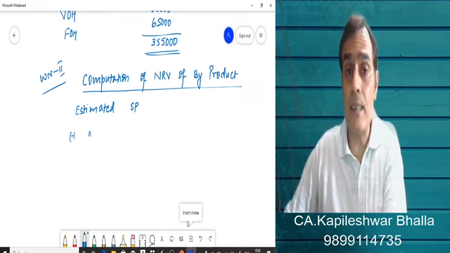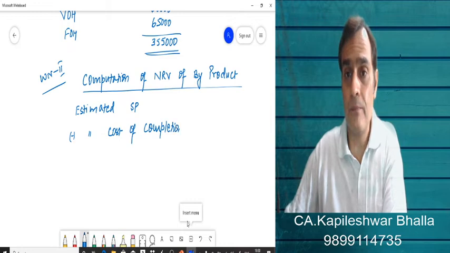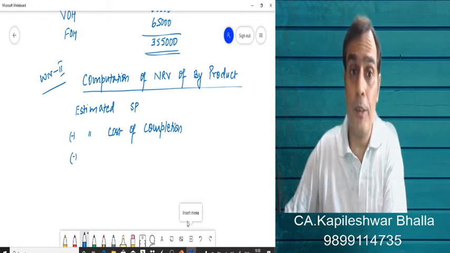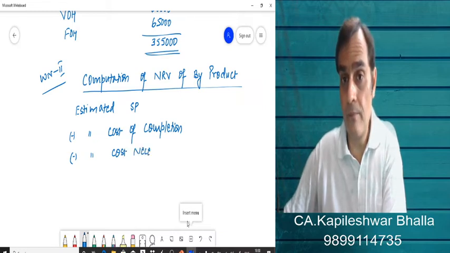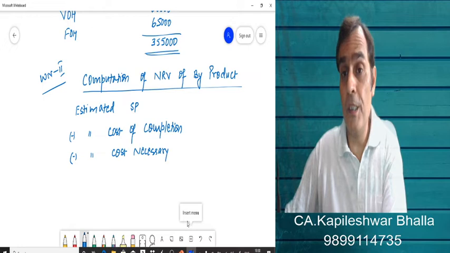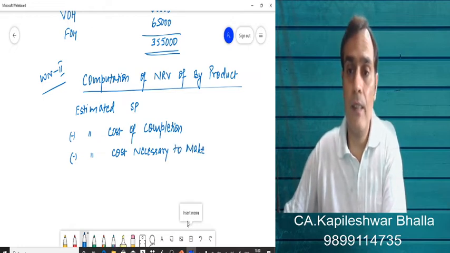One is the estimated cost of completion, and the second is the estimated cost necessary to make the sale.